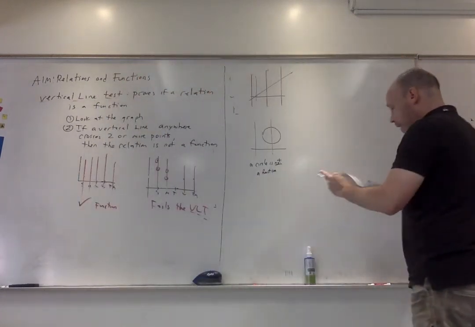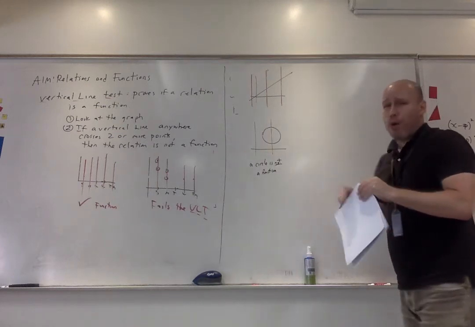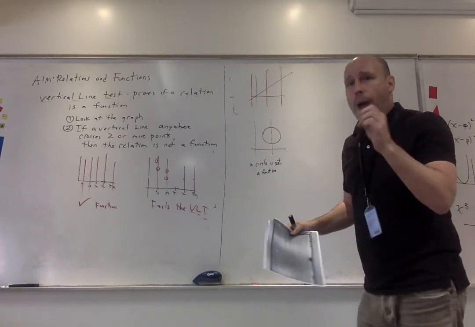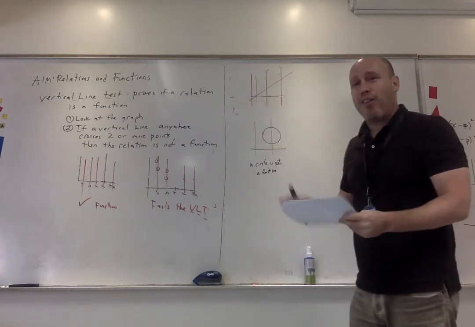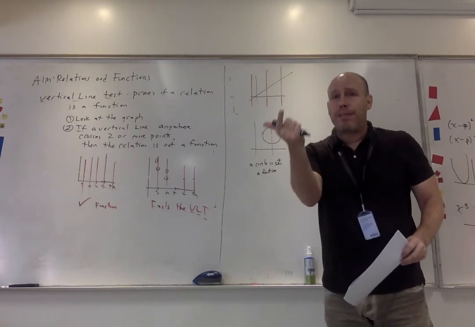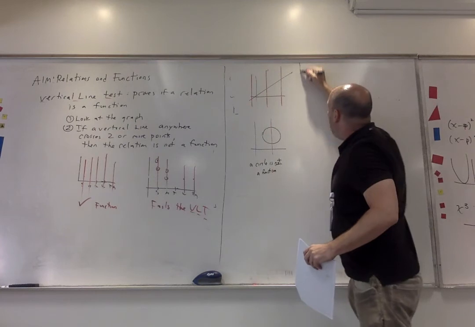So the idea is we need a rule. So now we're into functions. And the idea is we have an x value and we're going to turn it into a y value. That's our goal. Lines, parabolas, exponentials, that's what we're doing for the next couple of years.